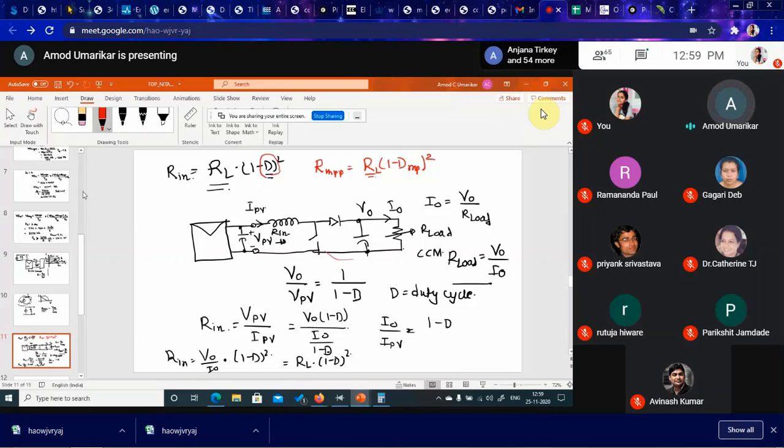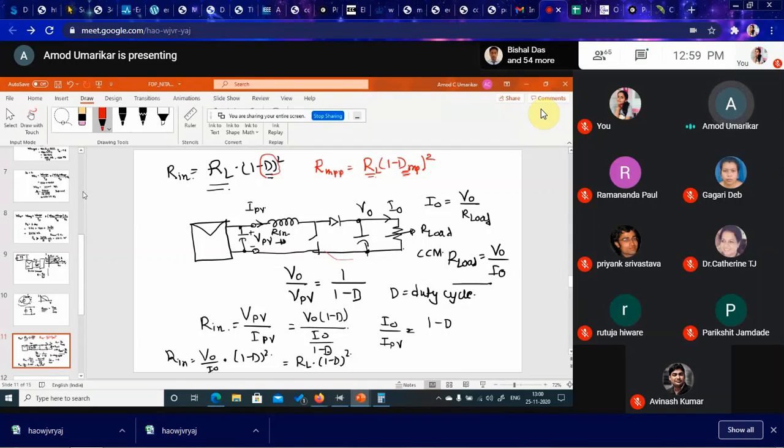This DC to DC converter is an actuator. Control is inside the computer or the microcontroller. But who will actuate that? The DC to DC converter, through the duty cycle.